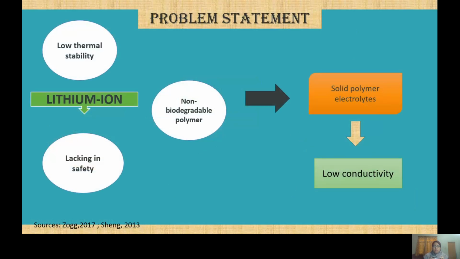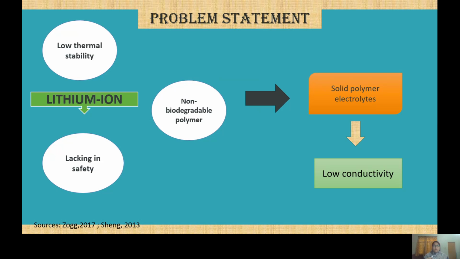As we know, our phone cells use liquid lithium ion in the batteries. So liquid lithium ion has its disadvantages, such as first, low thermal stability. If the temperature is increased, it will damage the batteries of the phone.